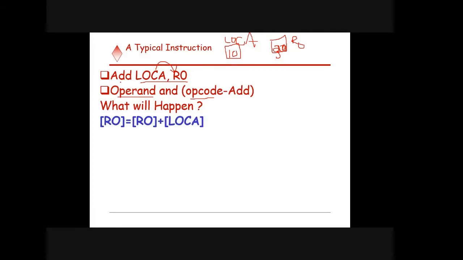The square bracket represents the content: the content inside location A, and square bracket of R0 indicates the content inside R0. Both will be added and the result will be stored into R0. Clear?